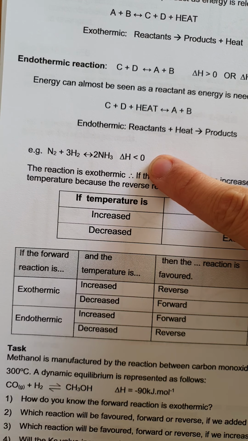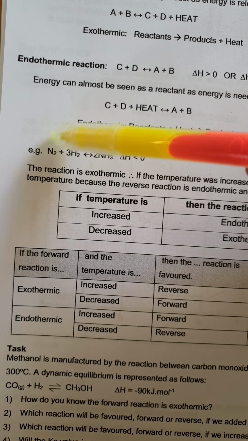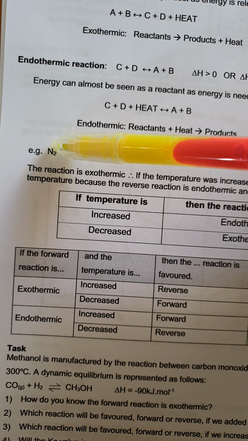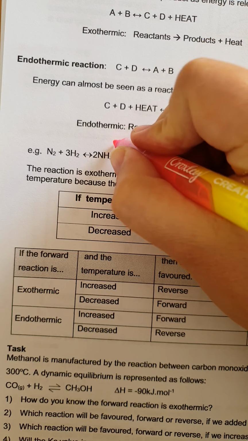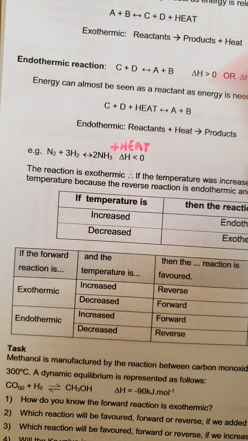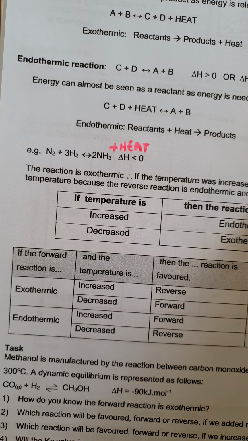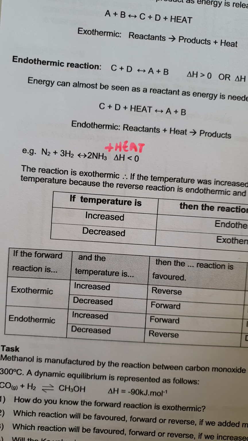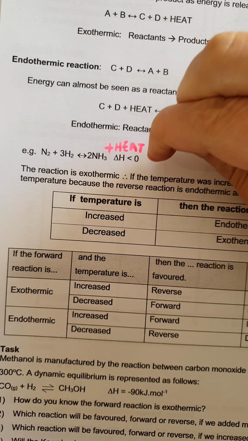So let's take a look at our favorite reaction, the Haber process. It is exothermic, and we know this is an exothermic reaction because the forward reaction is exothermic, and the reverse reaction is endothermic. We know that means it's going to be plus heat as a product. You can even write that, it's fine. If the temperature was increased, the reverse reaction is favored. Why? Because we're increasing the heat, but we're making heat.